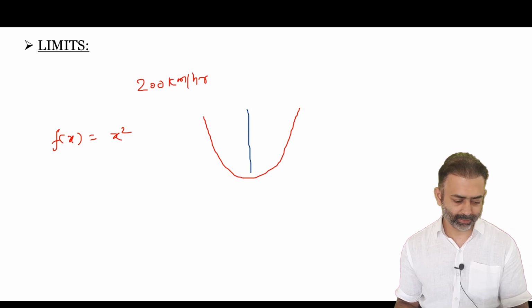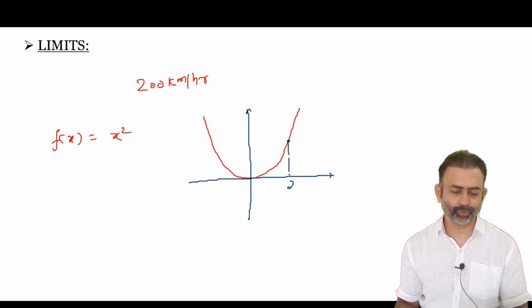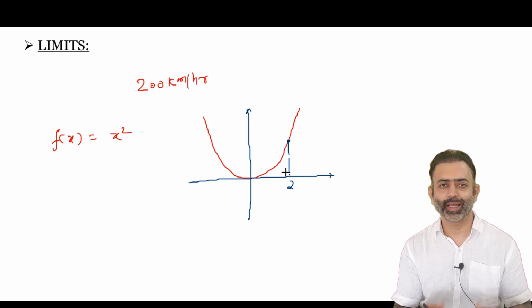This is my y-axis, this is the x-axis, so it touches the x-axis at the origin, and suppose we need to find out the behavior of the function as x approaches 2.